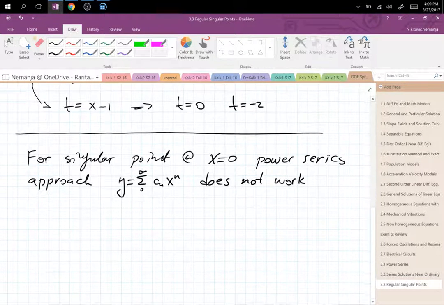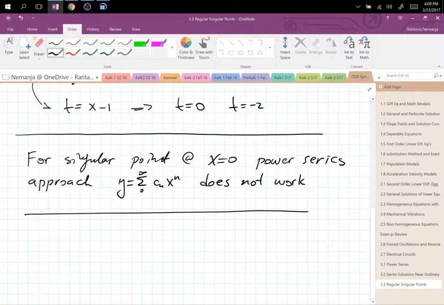We have to come up with something else, and we will. The method of Frobenius, which is what we are learning now, is going to introduce more x to an exponent in front of the summation, and then there will be more shifting of counters and things like that coming up.